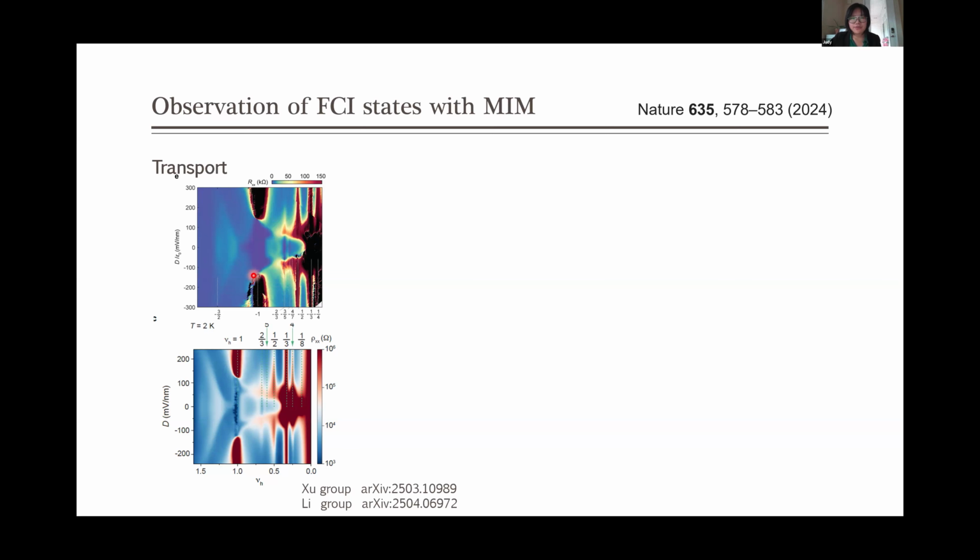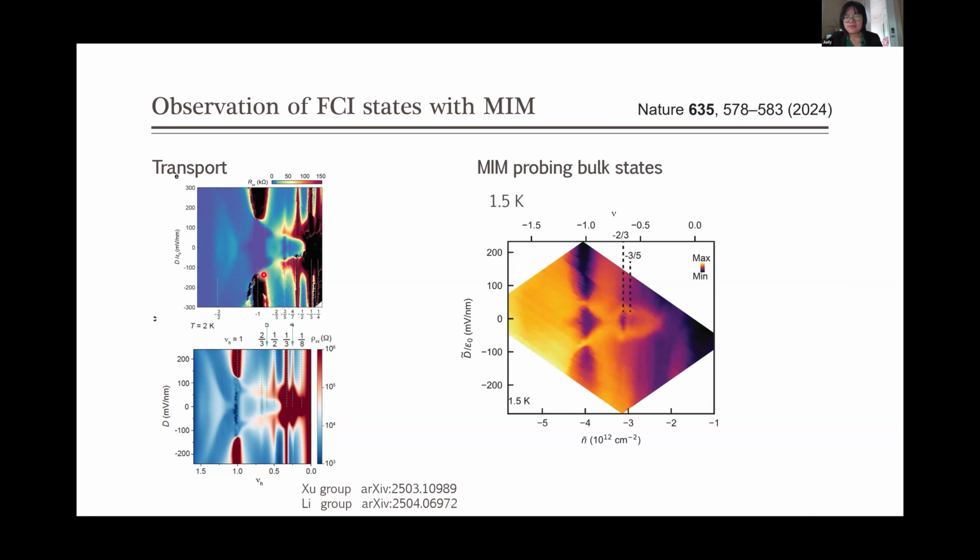So that's the transport result, and we can compare with what we get using microwave. This is what we observed. In the case of the 1.5 Kelvin measurement, the yellowish region has larger intensity, or to say more conductive. The purplish region means insulating.